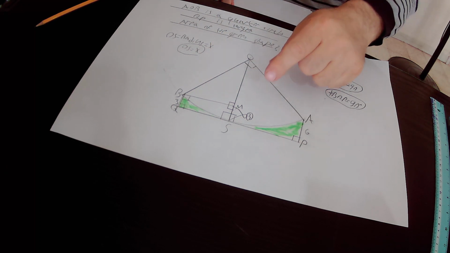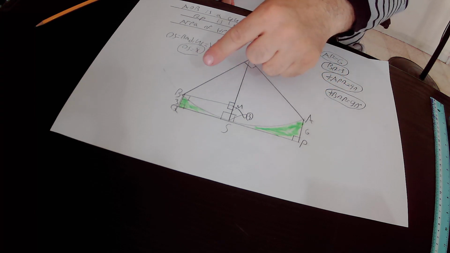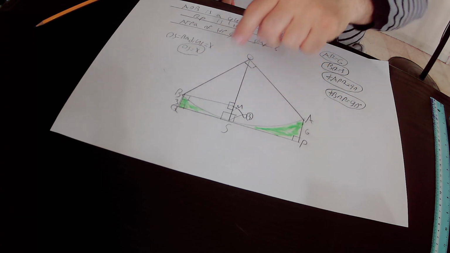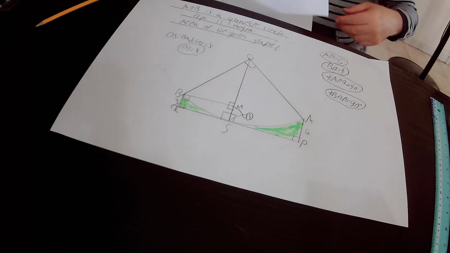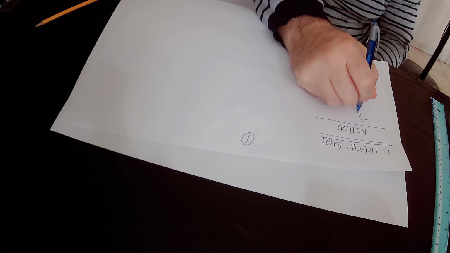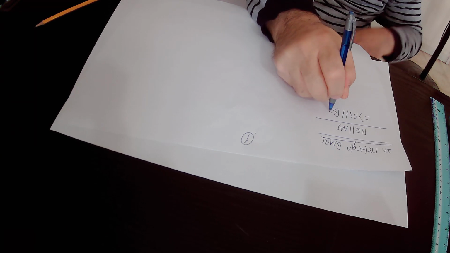So part of the straight line OS is parallel to BQ, therefore the straight line OS itself must also be parallel to BQ. So I will write it down: the straight line OS itself must also be parallel to BQ.